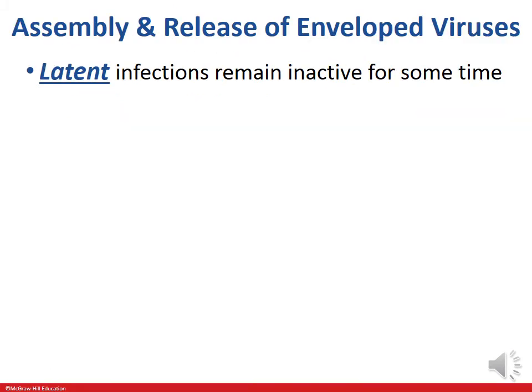So once they've assembled, as they release from the envelope, from the host cell, some of them won't release immediately, right? So some are going to insert themselves into the host DNA and become what we call latent infection. This would be equivalent to what we call in phages lysogeny.